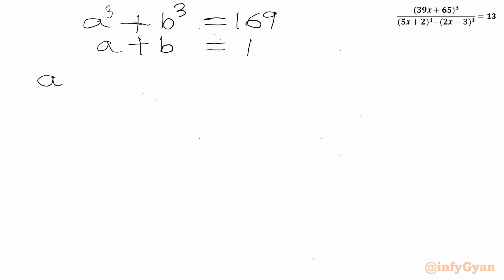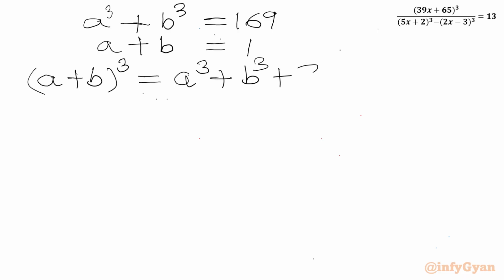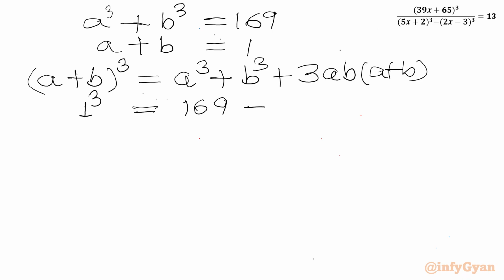Now I will write one algebraic formula: (A plus B) whole cube is equal to A cube plus B cube plus 3 times AB in the bracket A plus B. Now A plus B is 1, so I will write 1 cube. A cube plus B cube is 169 plus 3 times AB times (A plus B is 1). Or I can write 1 equal to 169 plus 3AB.